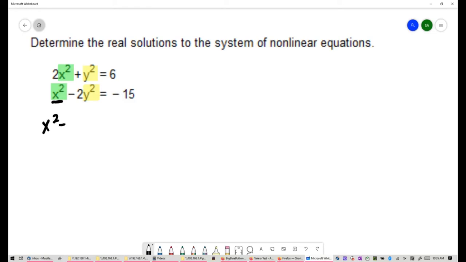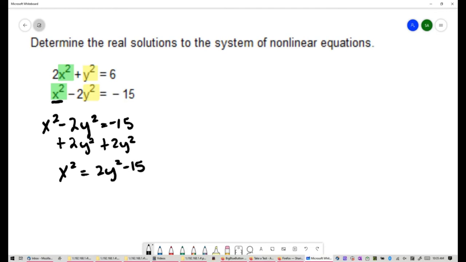We have x squared minus 2y squared equals negative 15. I'm going to solve for x squared by adding 2y squared to both sides. We have x squared equals 2y squared minus 15.